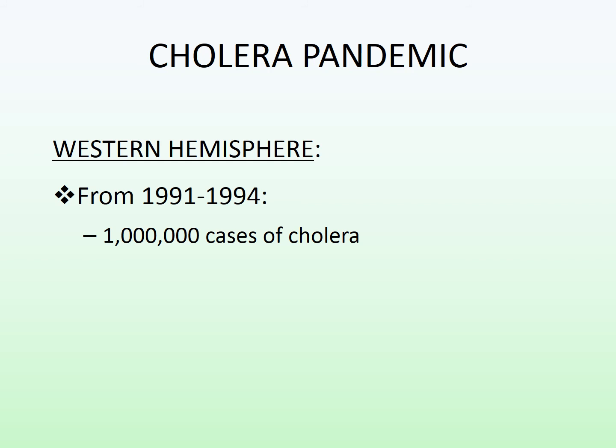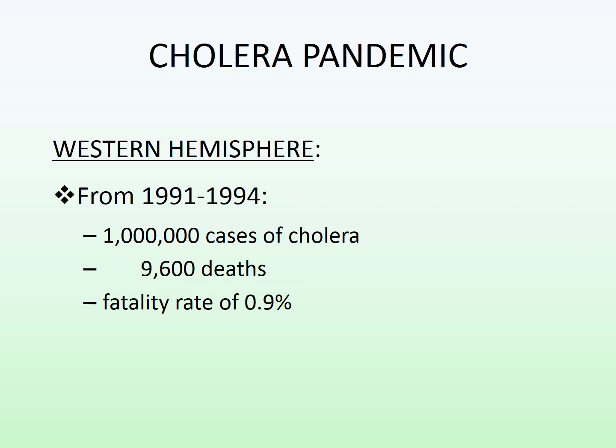These cases, when treated fast, people just got sick. But at least 9,600 people died in Latin America and the Caribbean from cholera. This provided a fatality rate of about 0.9%.